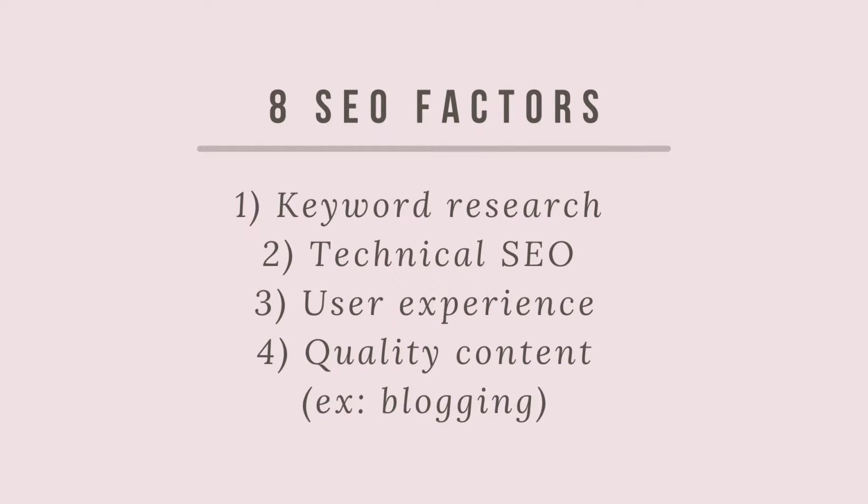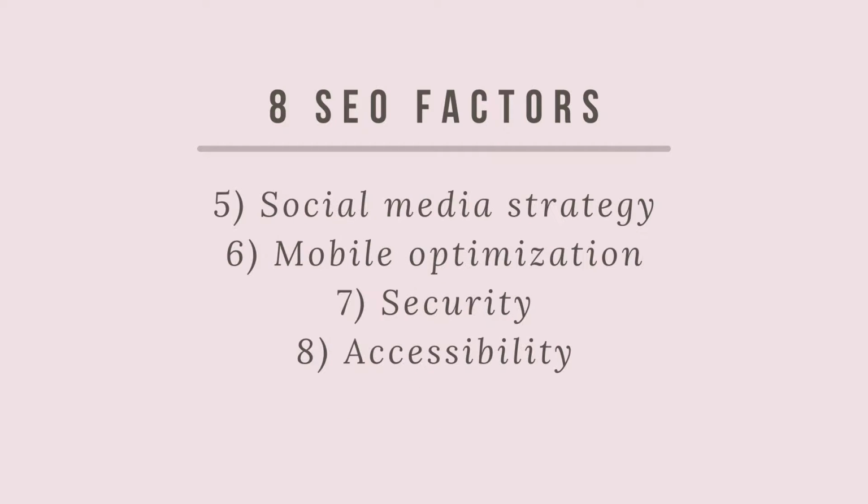So Yoast says that there's 8 different factors that contribute to the overall SEO health of your website, and those are keyword research, technical SEO, user experience, quality content like your blog posts, social media strategy, mobile optimization, security, and accessibility. So now I want to briefly explain what each of those 8 things are.